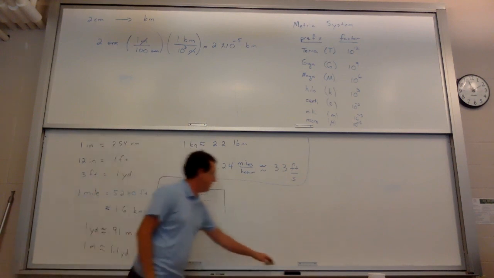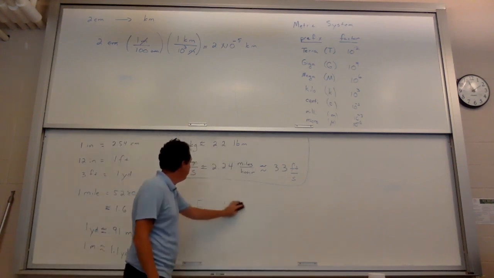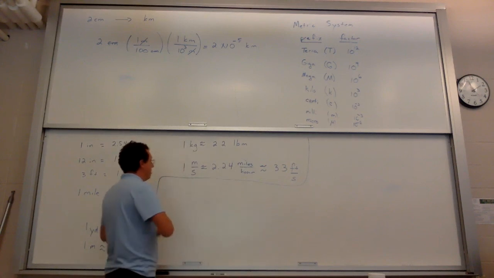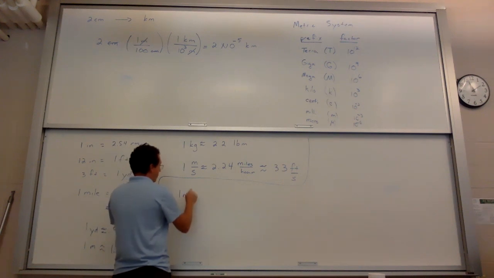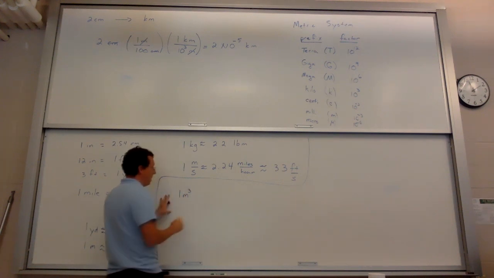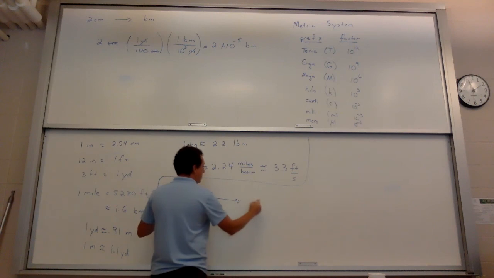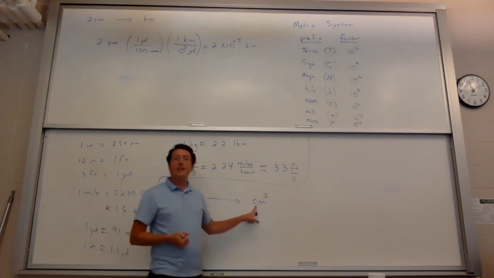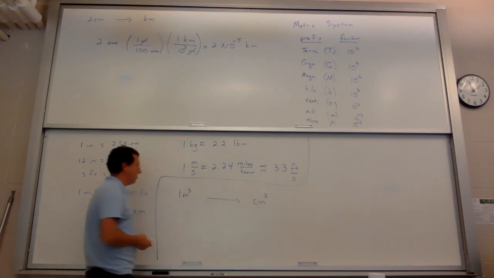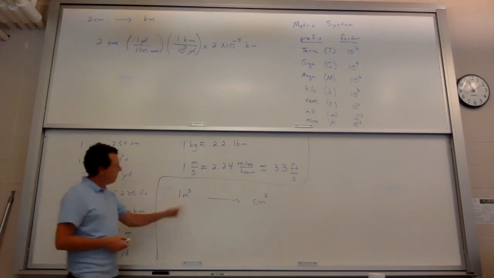So let's go through that. How would we do that conversion? We're going to start with 1 meter cubed, and we want to convert that to centimeters cubed. Sometimes people say cc, but I will try to always say centimeter cubed. So you have to think about what this means.